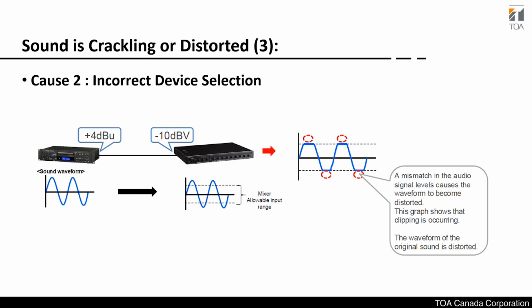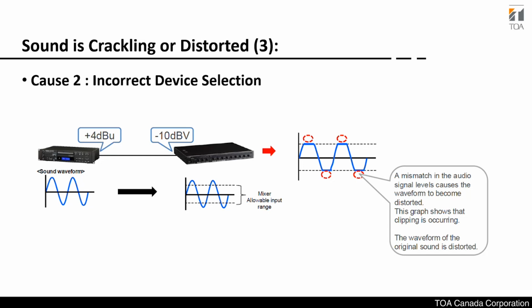Another cause of cracking or distorted sound is when the signal level from the sound source device is too high, as shown in the diagram here, causing excessive input to the mixer.